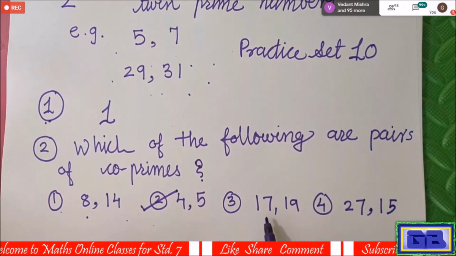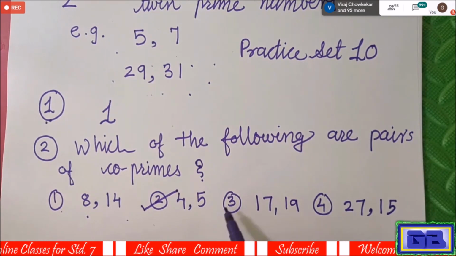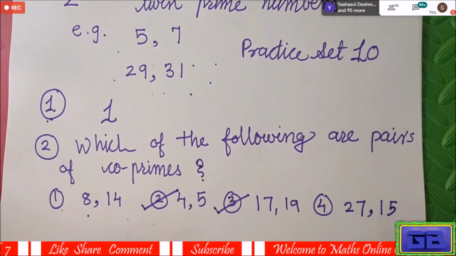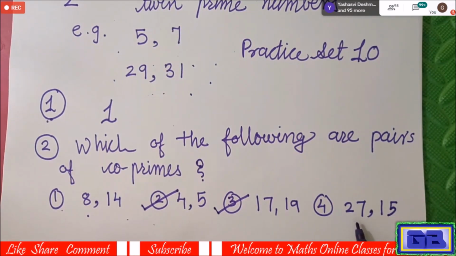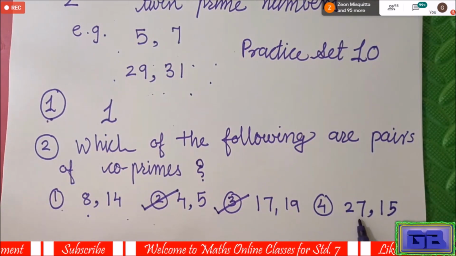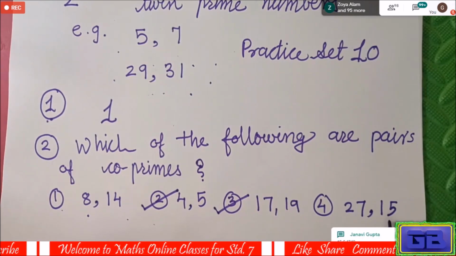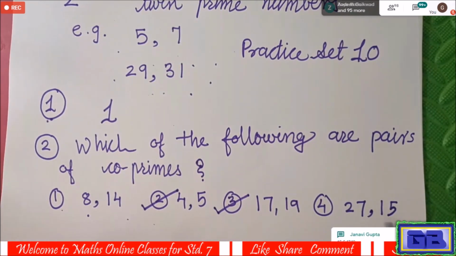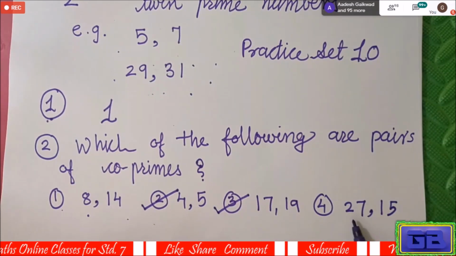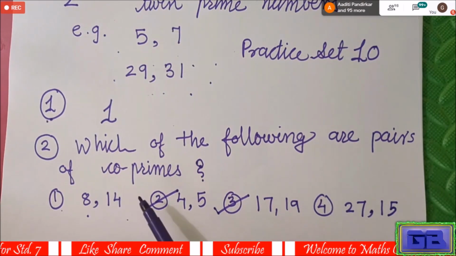Again, here also both numbers are prime numbers. Therefore, this is also a pair of coprimes. Now here 27 is divisible by 3, 15 is divisible by 3. Therefore, 1 and 3 are the common factors. Therefore, 27, 15 is not a pair of coprimes.